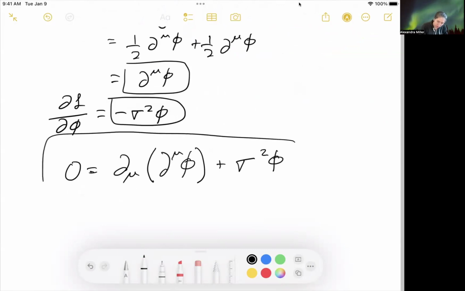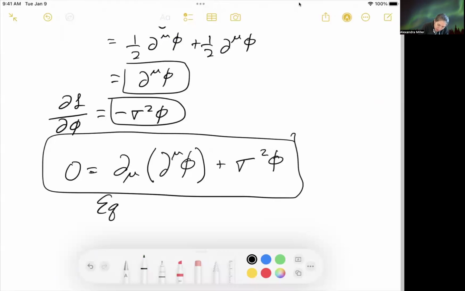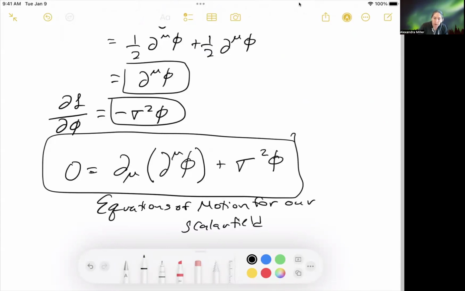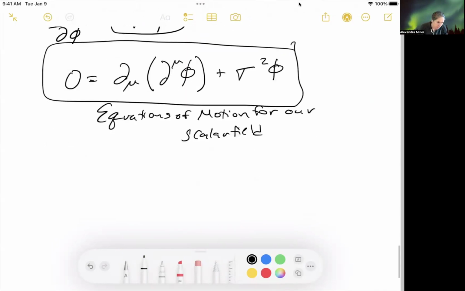Okay, so this is the solution of our Euler-Lagrange equation, and these are our equations of motion for our scalar field, when we just have a scalar field with just that one type of interaction turned on. And now the equations of motion, when you're doing physics, are simply a set of differential equations. Maybe a hard one, but it's one that we can solve.